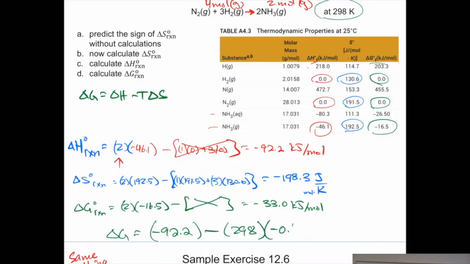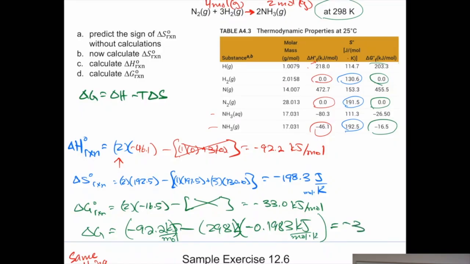Negative 0.1983 kilojoules per mole Kelvin. This is Kelvin. This is kilojoules per mole. Does it equal 33? Okay, so good. Whoops, negative 33. So that's a check plus. Yes, it does. No, everything doesn't cancel out.